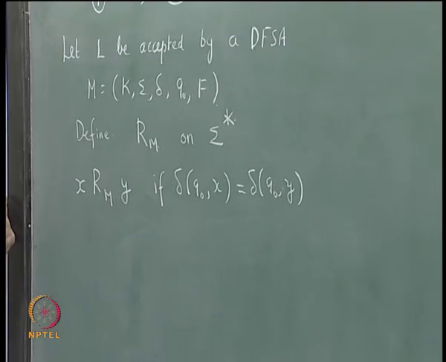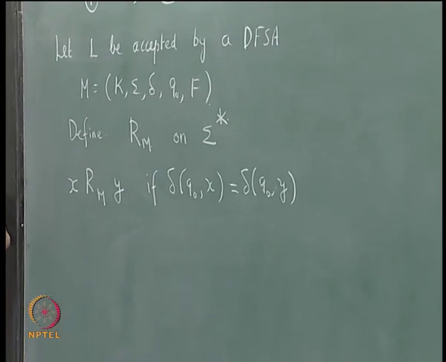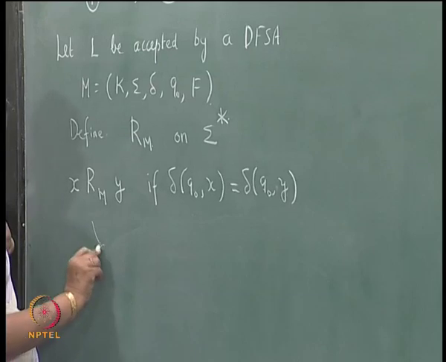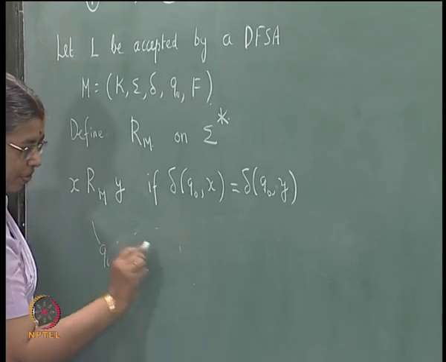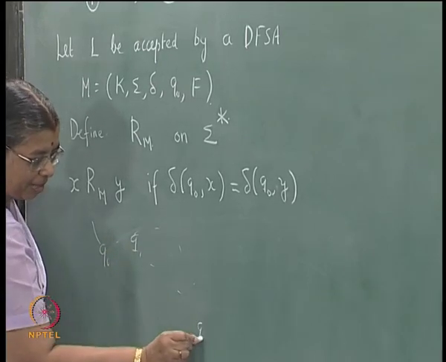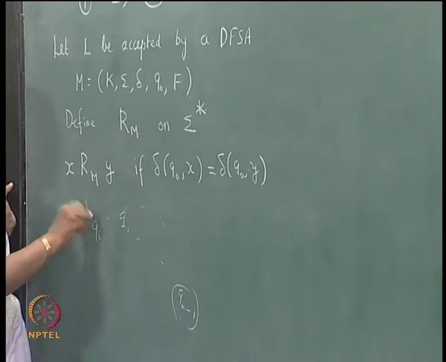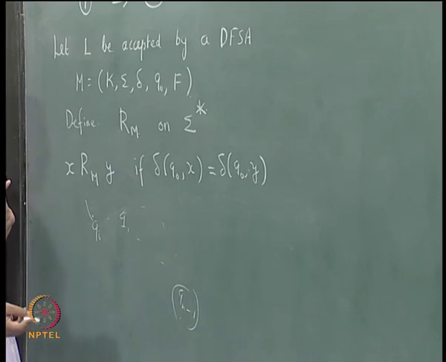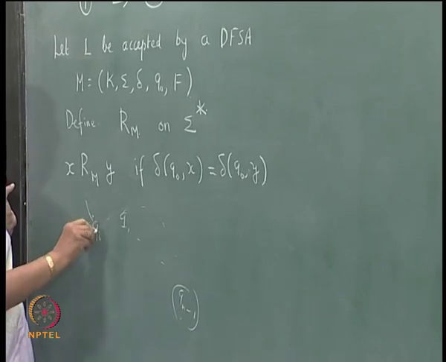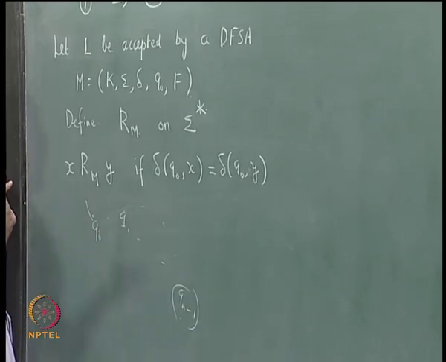What is the index of this equivalence relation? There are n states in the automaton, say Q naught, Q1, up to Qn minus 1. The set of strings which take you from Q naught to Q naught belong to one equivalence class. The set of strings which take you from Q naught to Q1 belong to another class, and so on.